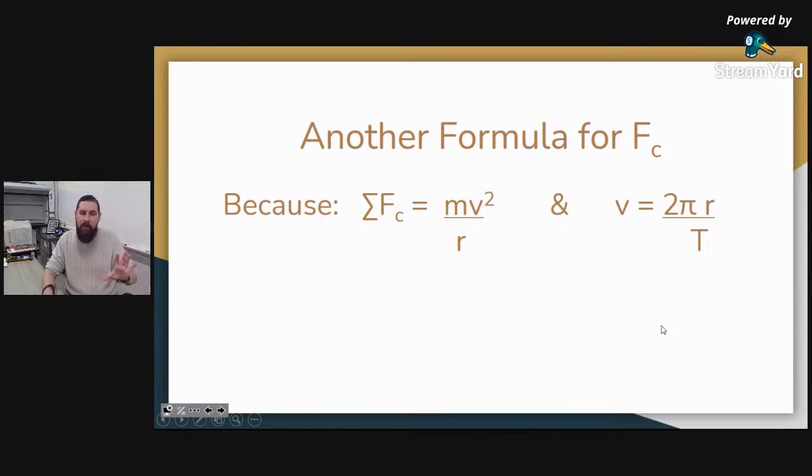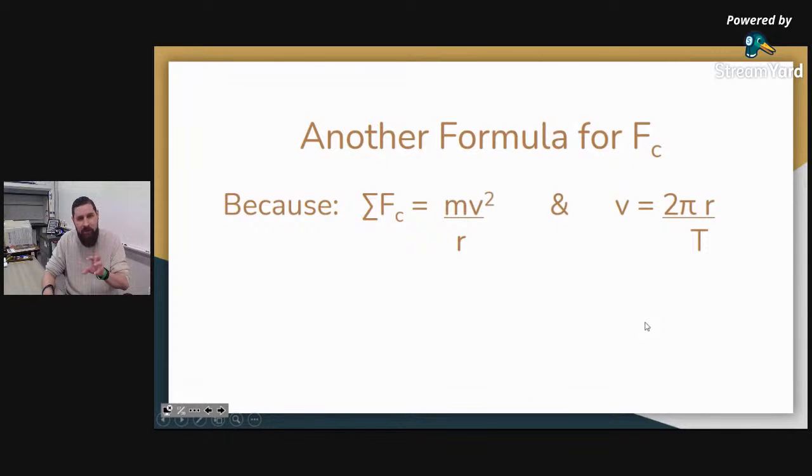Because we've got this expanded equation of mass times velocity squared per r, we can substitute in the equation for circular velocity, which again is 2 pi r per t, or how long it takes to go through one revolution, or the circumference, so 2 pi r squared.